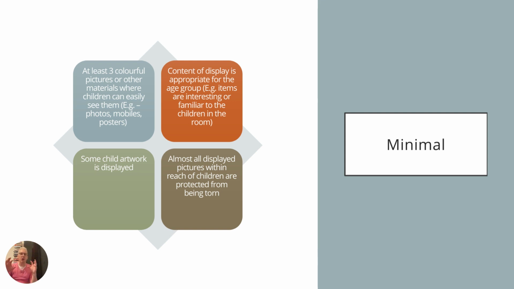What would be good? So in order to meet good in the ITERS, you must meet all of the minimal. So there must be at least 3 colourful pictures, for example. The content must be age appropriate. There must be some artwork of children displayed, and the artwork that's within the children's reach must be protected from being torn.